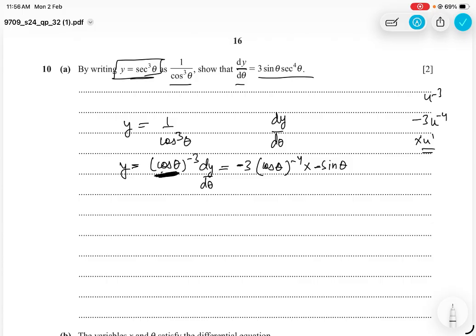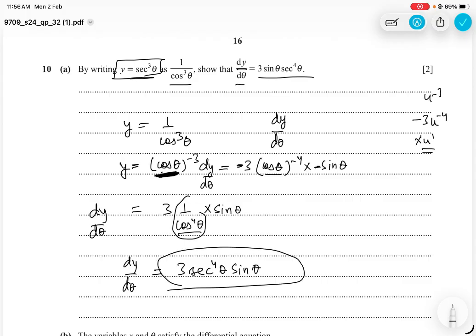Minus minus would be plus, so this would give us dy by d theta equals 3 cos theta to the power minus 4, that is 1 upon cos 4 theta, times sin theta, and 1 upon cos is sec. So can I write it like this? Dy by d theta equals 3 sec to the power 4 theta sin theta. Yes, so hence proved. Okay, let us try the next part.